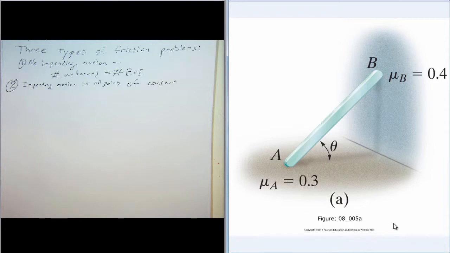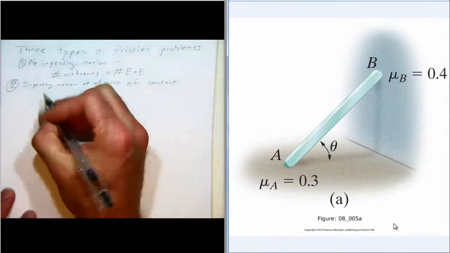And we'd like to determine what's the smallest angle theta that the bar can be at before it starts slipping. And so that would be impending motion, because if theta gets a little bit smaller, the bar would slip. So that's the definition of impending motion. And it's at all points of contact because it would start slipping both at A and B simultaneously.